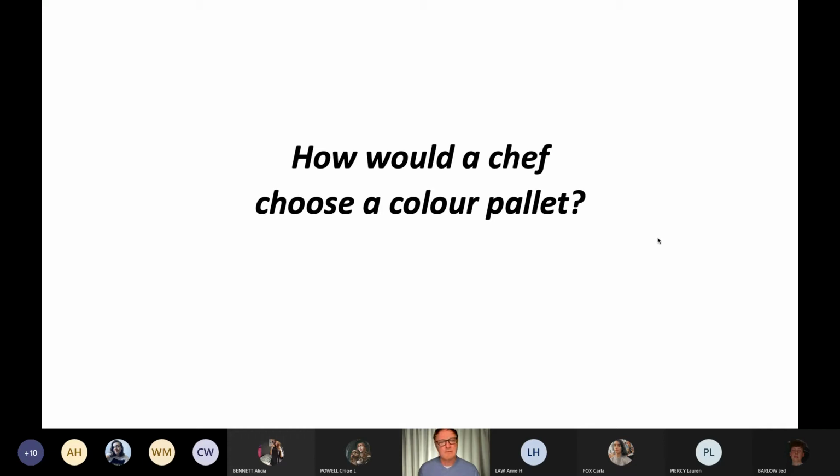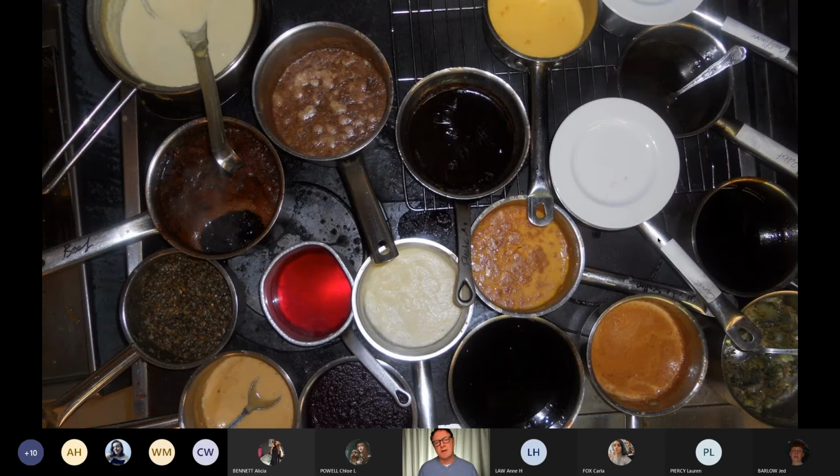Again, I kind of hazard to suggest that perhaps a chef would choose a color palette from the perspective of the preparation of food and the many colors that that would have to offer. So again, those are examples of trying your best to think outside the box, just approaching it from a different perspective through the eyes of someone else.